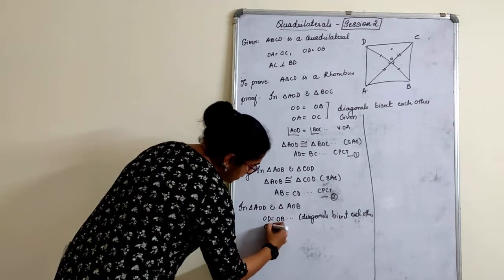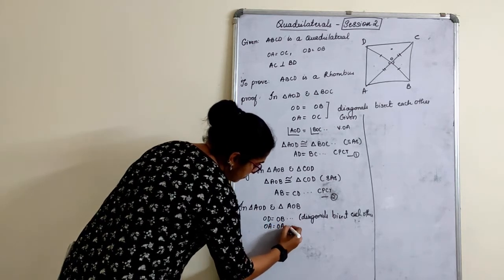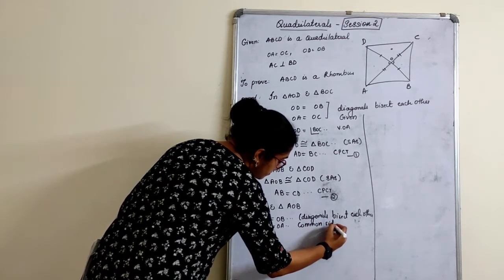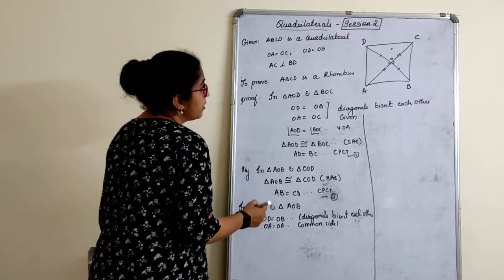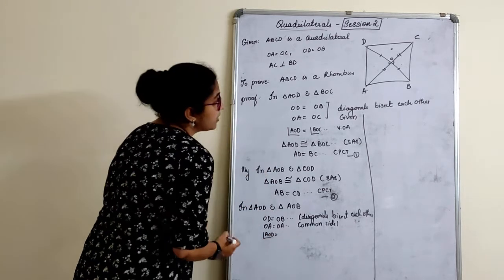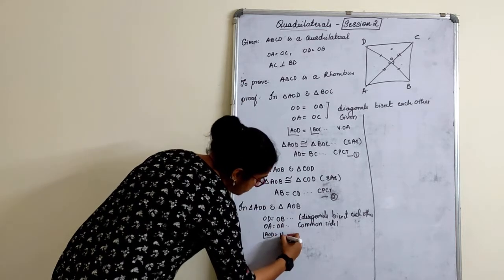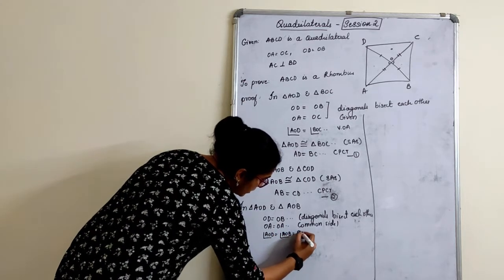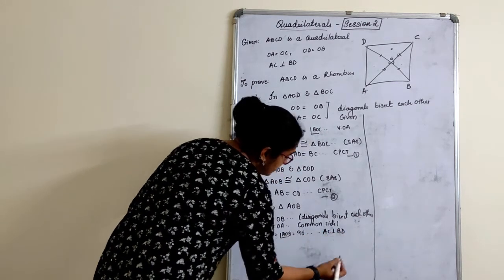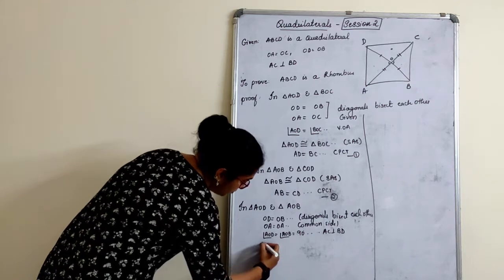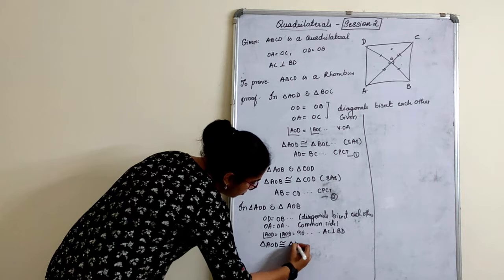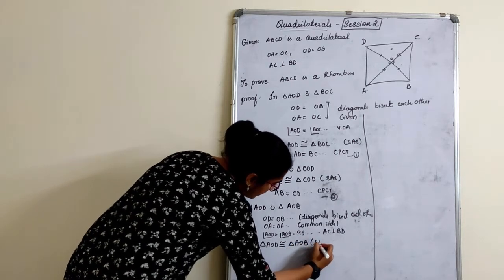OA is equal to OA, common side. Then angle AOD is equal to angle AOB is equal to 90. Reason: AC perpendicular to BD. Which congruency rule? Triangle AOD is congruent to triangle AOB by SAS.